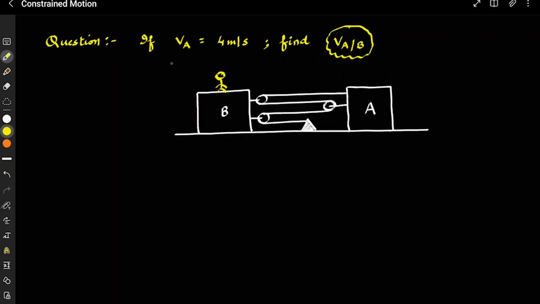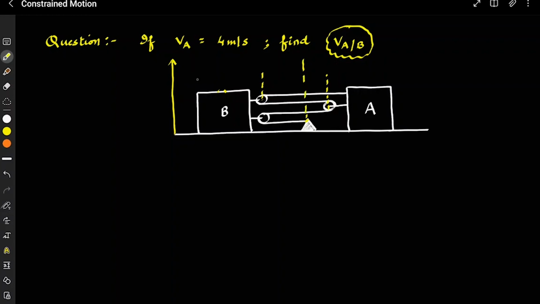Let's say I mark some origin, and I will mark all moving pulleys from that particular origin, because here both the blocks can move. So I will put some origin as the starting point, and I will mark this pulley. This is the second pulley, and the third pulley or the fixed point is this. So we'll mark this fixed point as well.